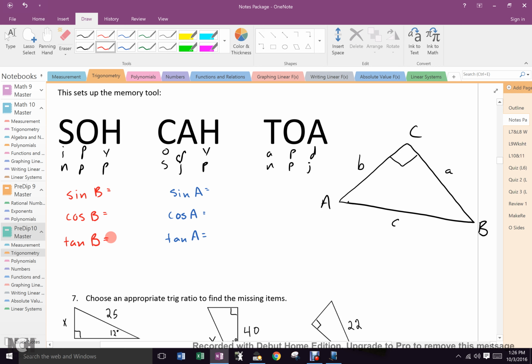It is a concept. Because no matter what is in the spot, that's what you put in the fraction. So what is the sine of B?